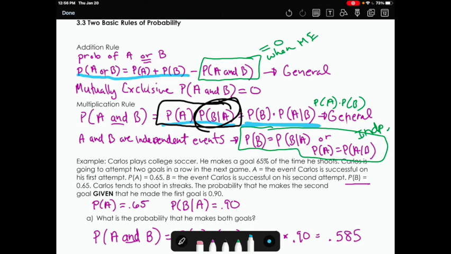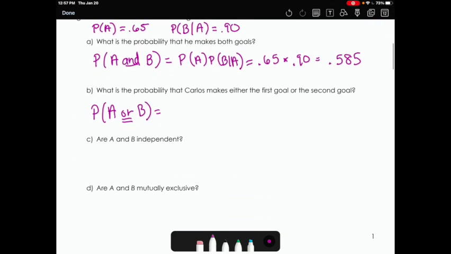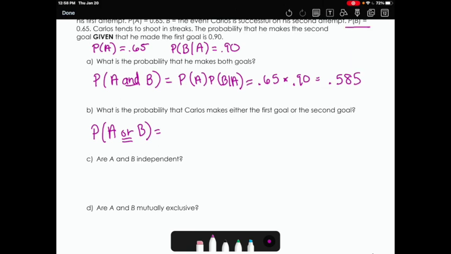I want to find the probability of A plus the probability of B, and then I want to subtract the probability of A and B. Our general rule is that when we find the probability of an "or" statement, we find the probability of A plus the probability of B, and then subtract the probability of A and B.